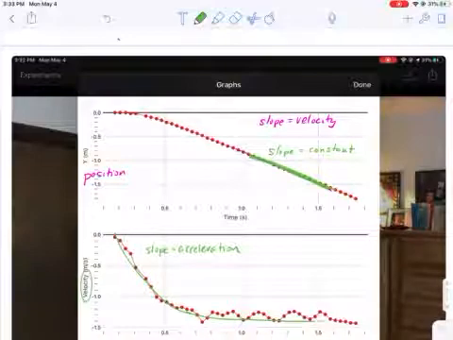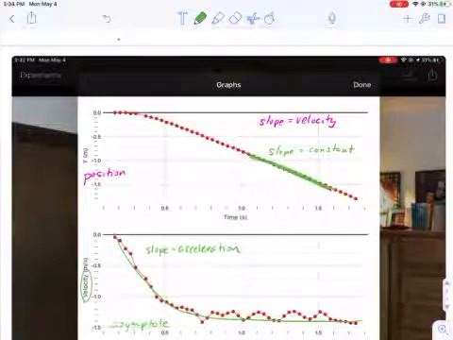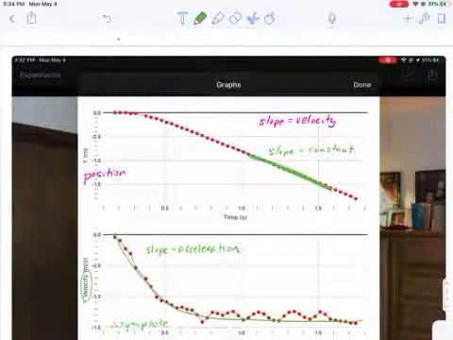The slope here is 0. The velocity reaches a terminal value. And we can think of this, maybe negative 1.5, like an asymptote. So this green line would never reach that asymptote.